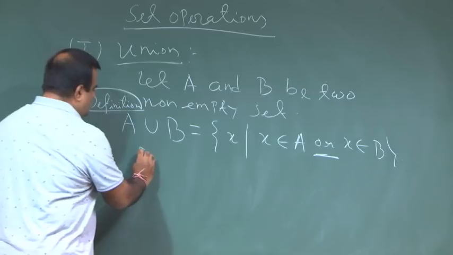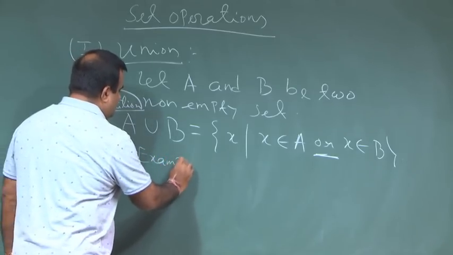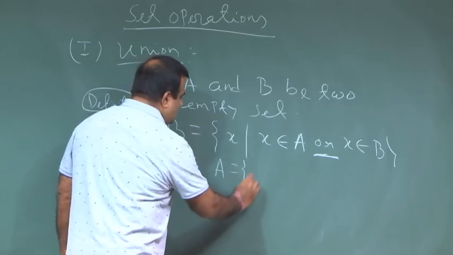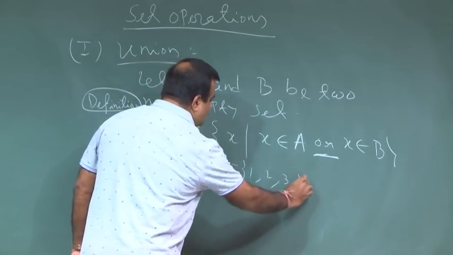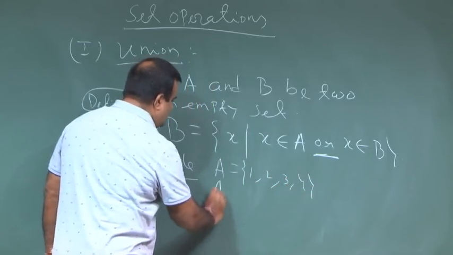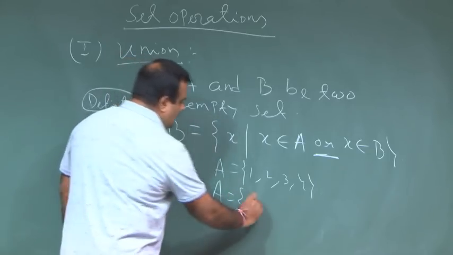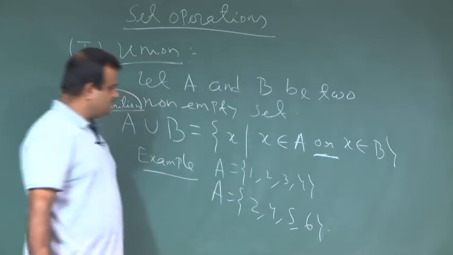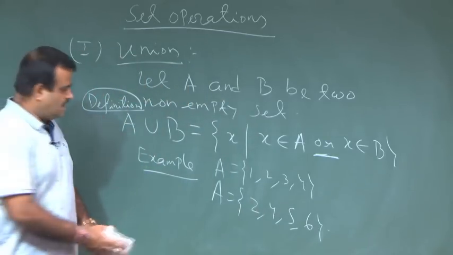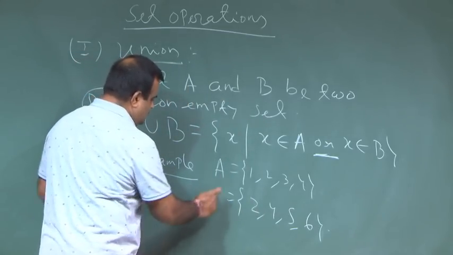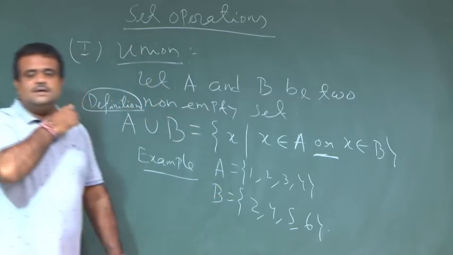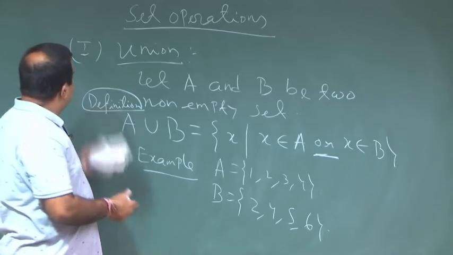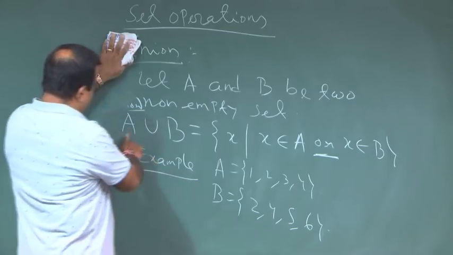Now, for example, if you have two sets, A is 1, 2, 3, 4, and another set B is 2, 4, 5, 6. Okay. Now, how do we define the union? Union is another set C, which is denoted by this symbol.